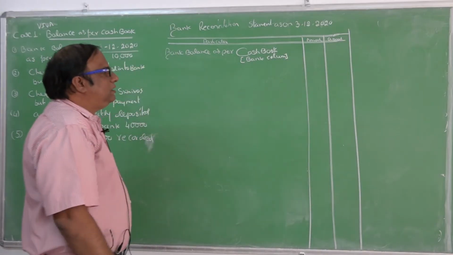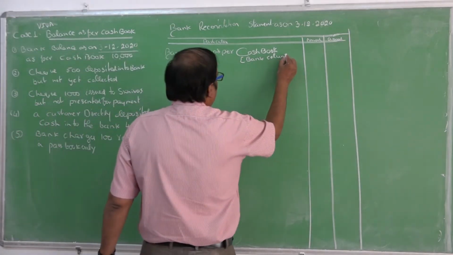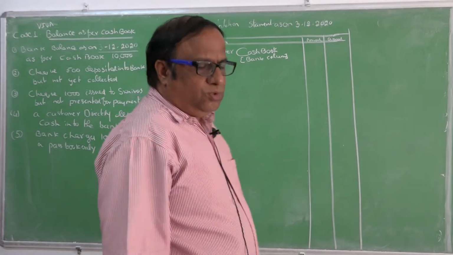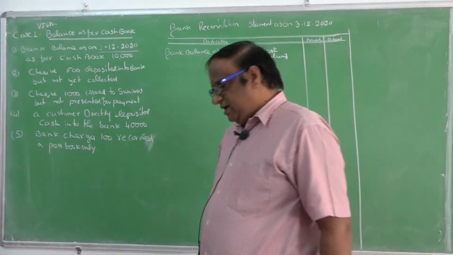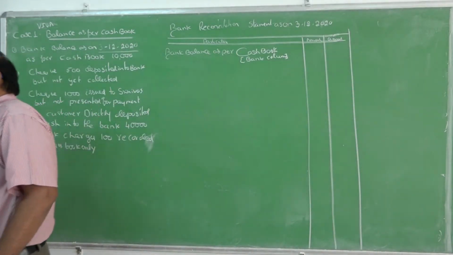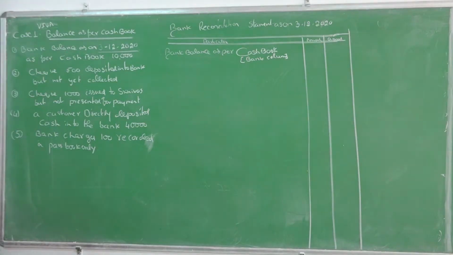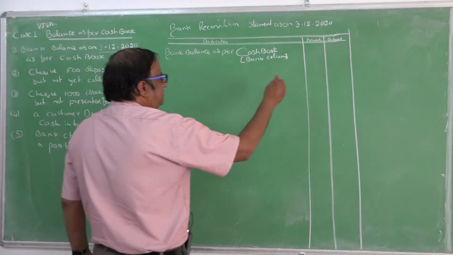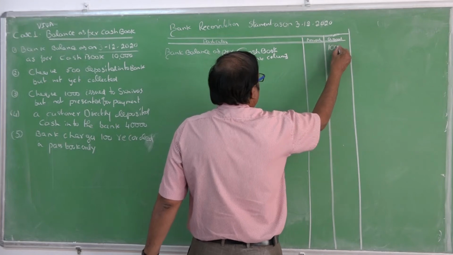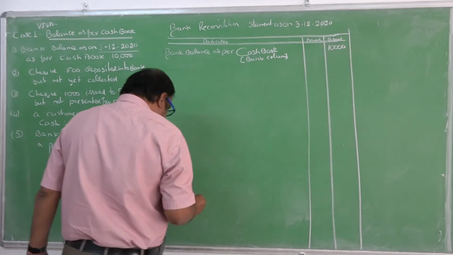There are so many columns in the cash book: date, particulars, LF number, cash, bank, likewise. But the bank column, bank balance is 10,000. Then we have to find out the answer.